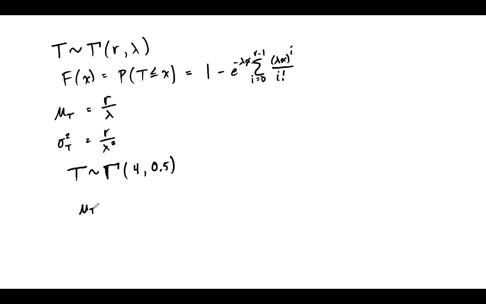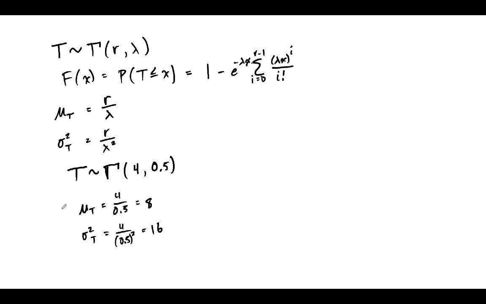That part is going to be very easy. We just plug in the values we have been given, and we get a mean of 8, and same deal over here for the variance, 16. So we have a mean and variance, and of course we could easily get the standard deviation as 4 as well.